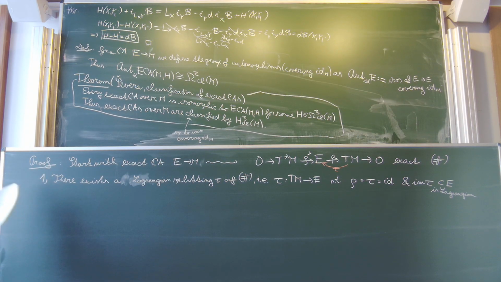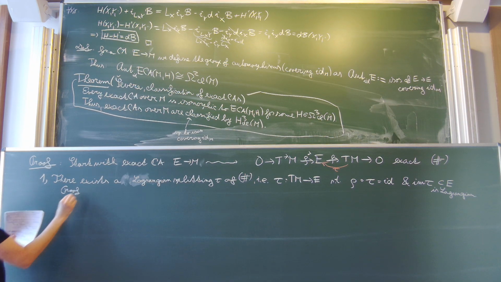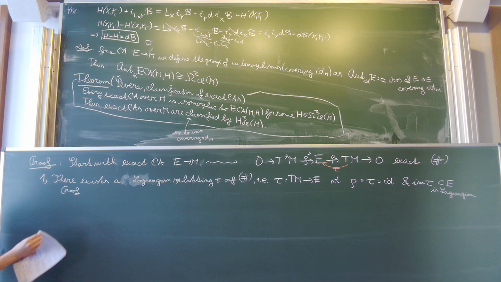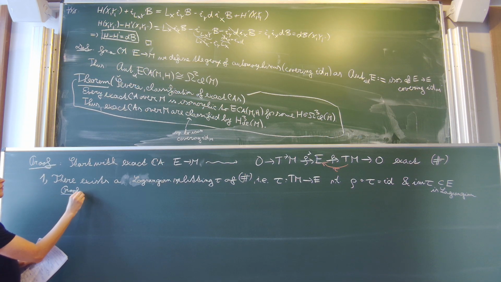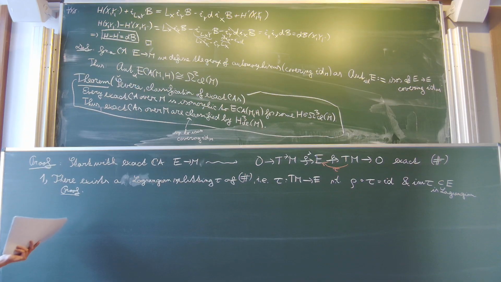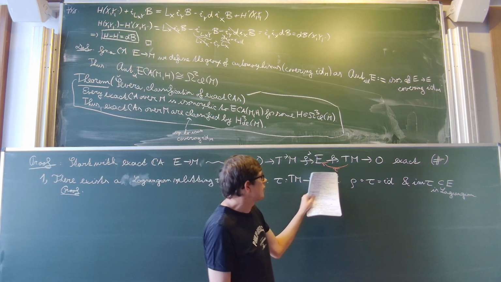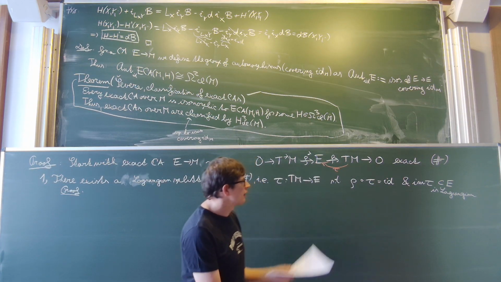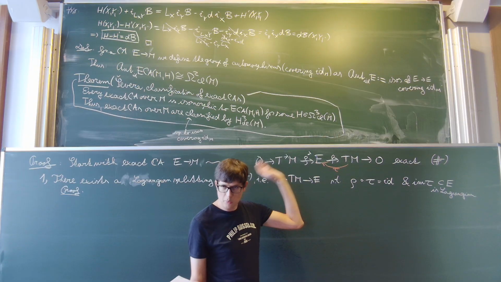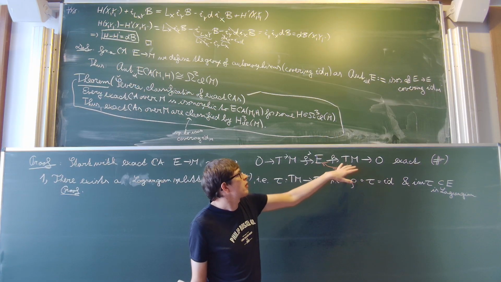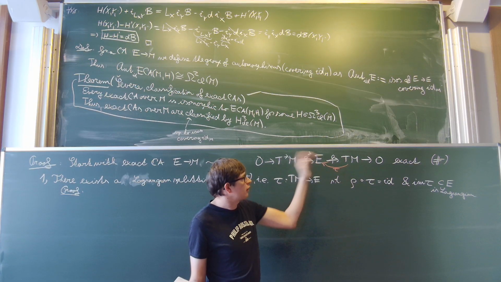So now how do we show this? Well, there is a proof. I mean, it's a sub-proof, really. Proof of the first part of the proof. Well, one way is to use partitions of unity to glue things together. So you can use partitions of unity to show that any exact sequence of vector bundles is split. If you just have vector bundles in the smooth category, as we are working with, then every exact sequence of vector bundles is split.